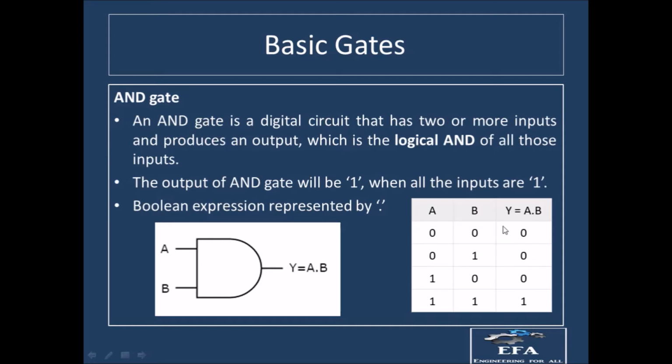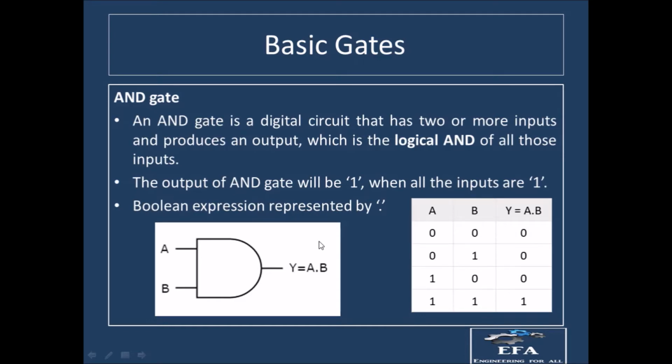Now you can see we have two input lines, which means we will be giving two binary numbers to them. These binary combinations can be 0 0, 0 1, 1 0, and 1 1. If we convert these combinations into decimal, they are equal to 0, 1, 2 and 3. In order we have written 0, 1, 2 and 3, and in binary they are represented by 00, 01, 10 and 11.